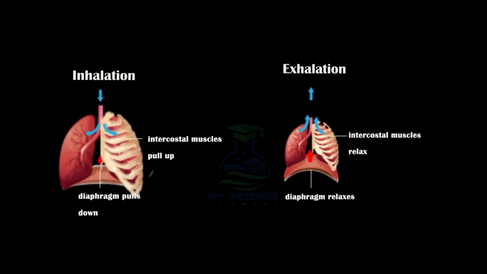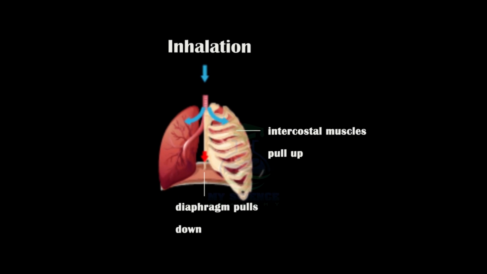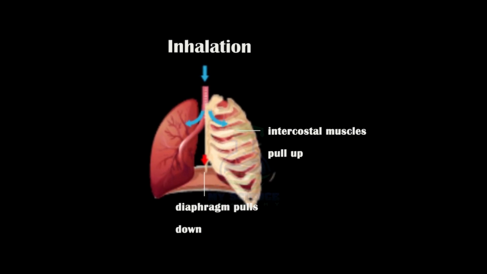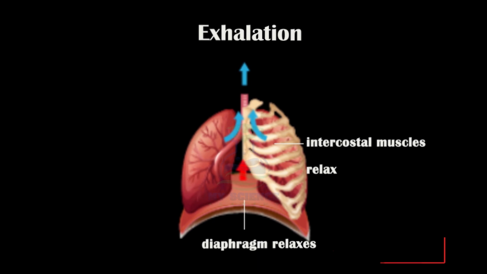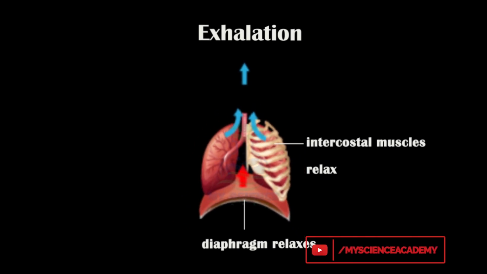During inhalation, the diaphragm contracts and flattens. It reduces the pressure on thoracic cavity, the lung relaxes and air rushes inside the lungs. While during exhalation, the diaphragm relaxes. It increases the pressure on thoracic cavity, the lungs contract and air goes outside.